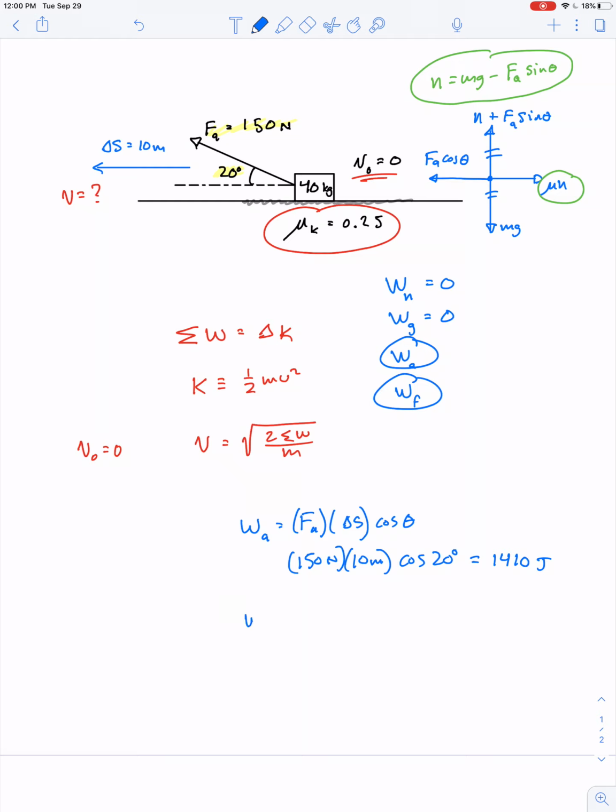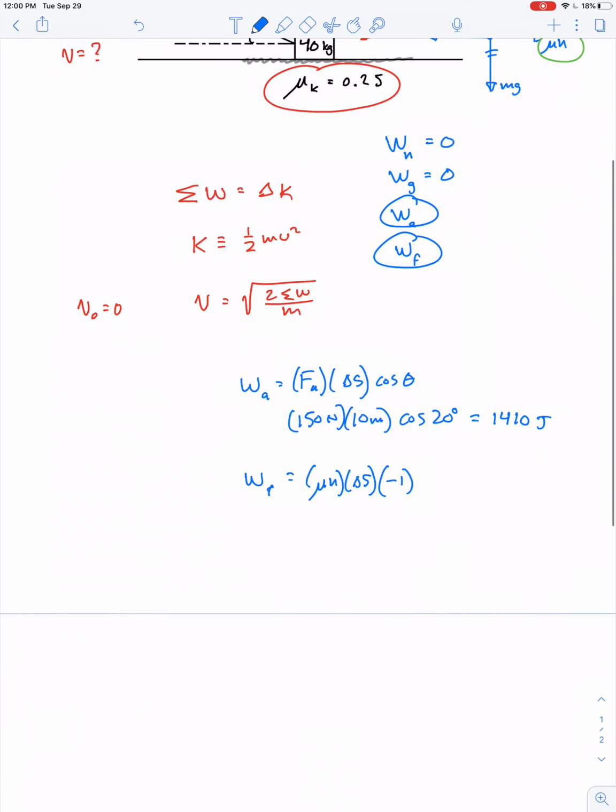Now for work done by friction. That's equal to the magnitude of the friction force times the magnitude of the displacement times the cosine of the angle between those. Well, the angle between those is 180 degrees, and cosine of 180 is -1. We need to make one more substitution here. In place of normal force, we'll substitute.